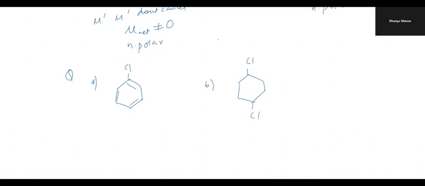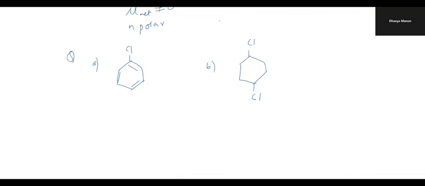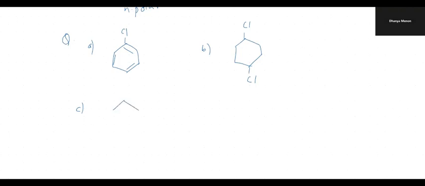This is chlorobenzene. Dichlorocyclohexane. Third one, don't worry about the names and all. You will be learning about these soon in organic chemistry. I'm not doing a lot of questions on organic chemistry because you have not learned much about it. So we'll do a few questions and then we will go to the calculations.